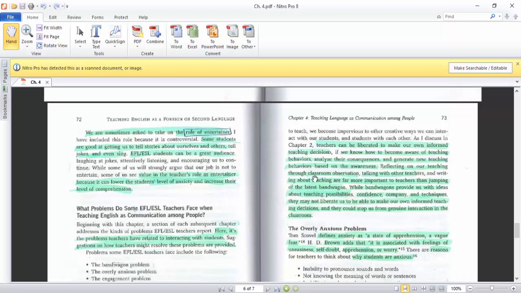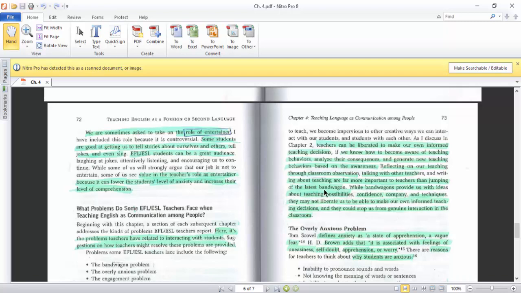Reflecting on our teaching through classroom observation, talking with other teachers, like what we have done in chapter number 2, and writing about teaching are far more important to teachers than jumping on the latest bandwagon. So jumping on the latest or the old methodology is wrong.